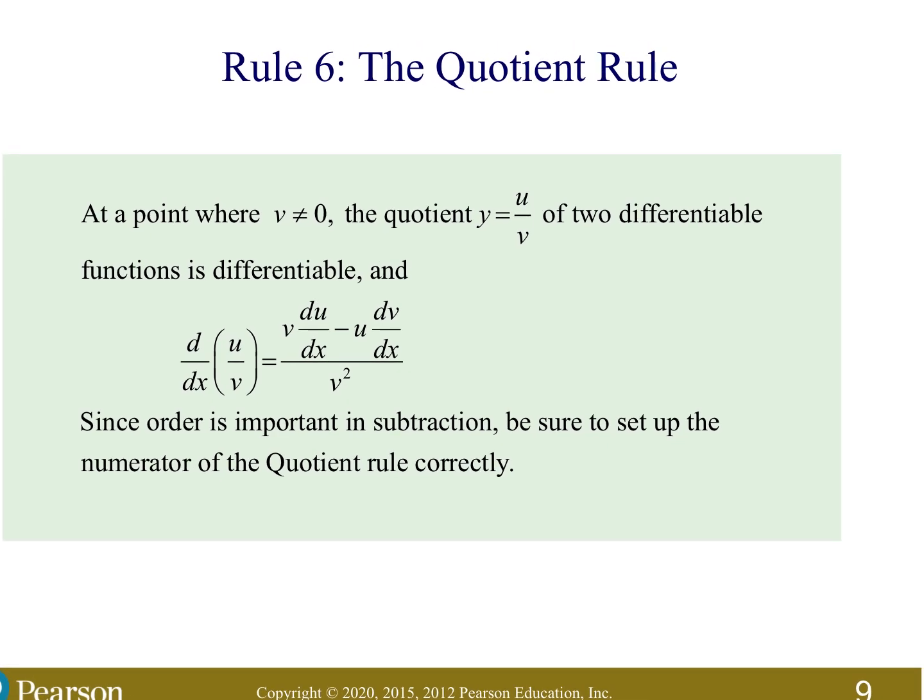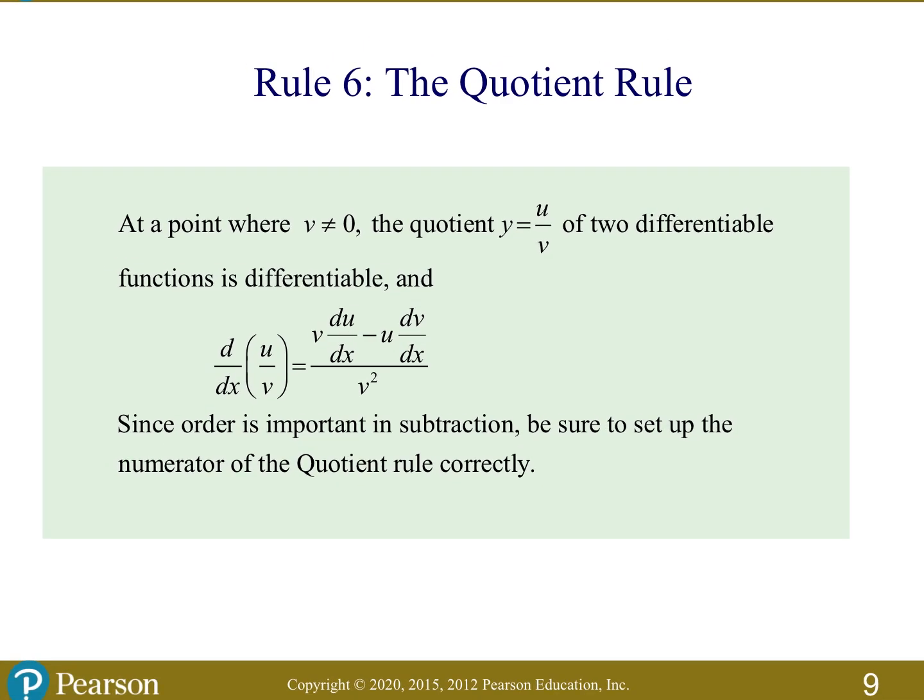All right, the quotient rule has some similar rhythms to it as the product rule, but the order for sure is key. And that is that you start with v being the function that is in the denominator. Make sure you always start with that first and then subtract.